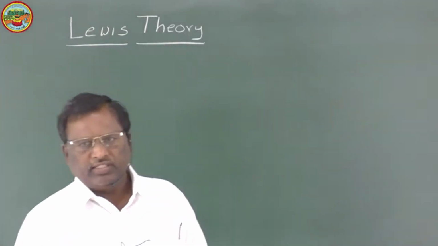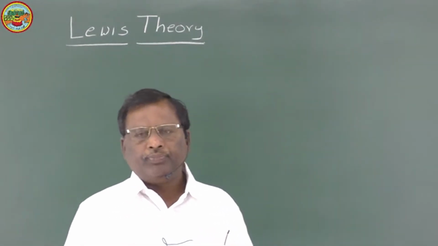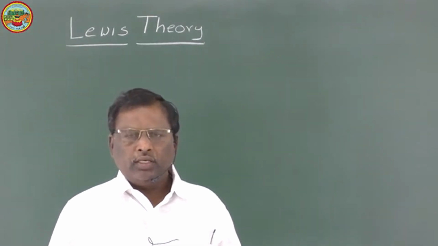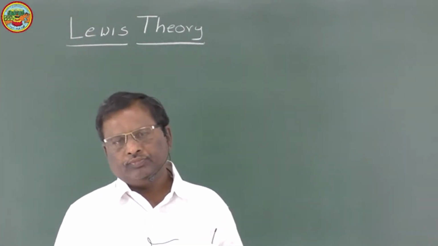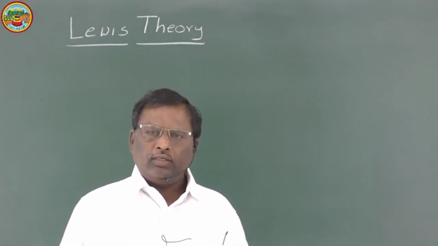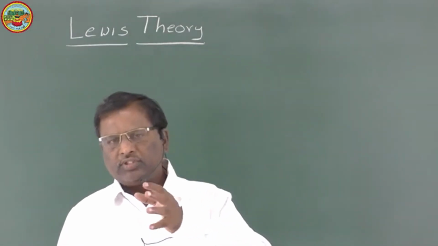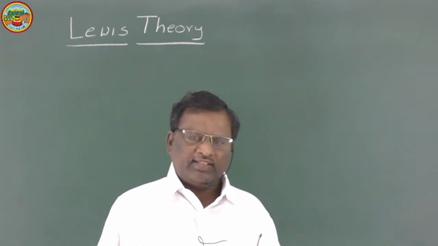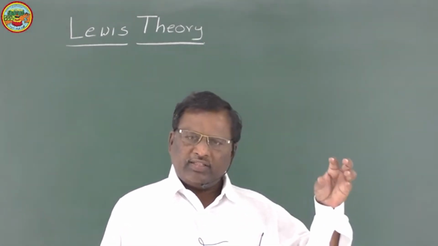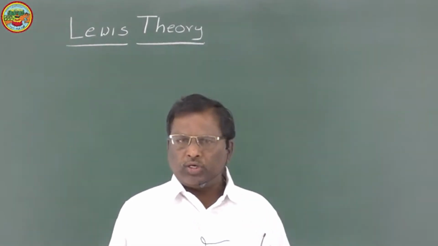Acids and bases. Yesterday we discussed Bronsted theory. Bronsted theory explains the behavior of acids and bases in terms of a proton. According to that theory, many compounds did not come under acids and bases, because it was restricted to acids and bases which can donate a proton or accept a proton.